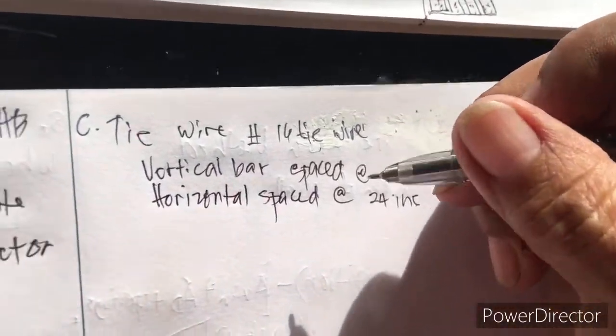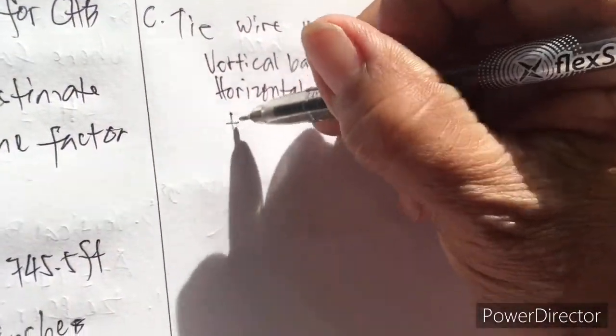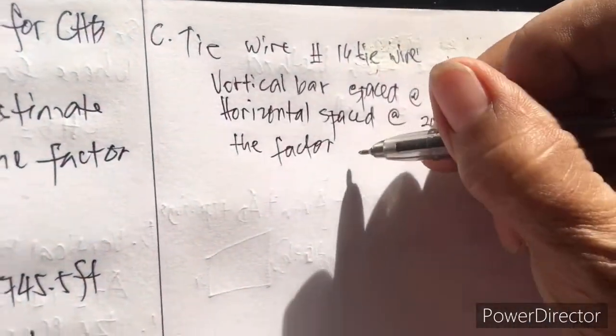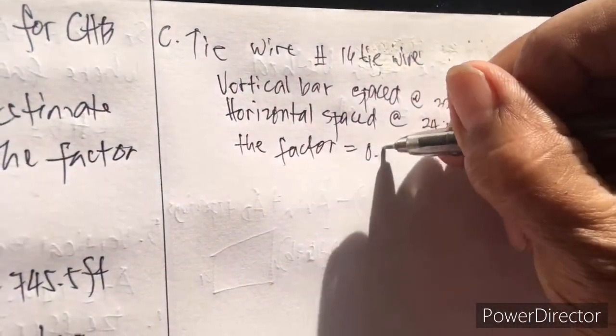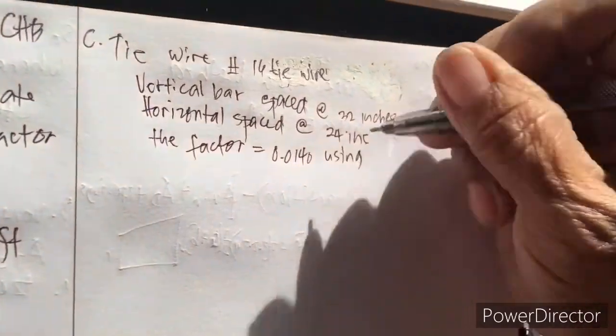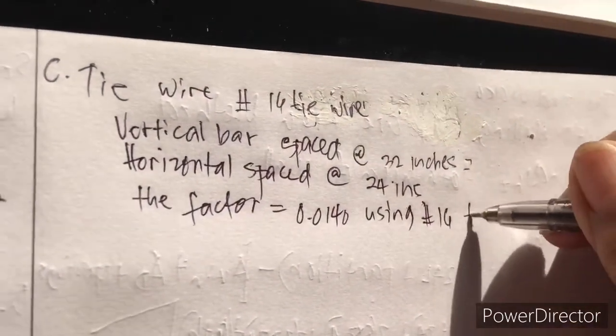The factor is equals 0.0140 using the number 16 tie wire.